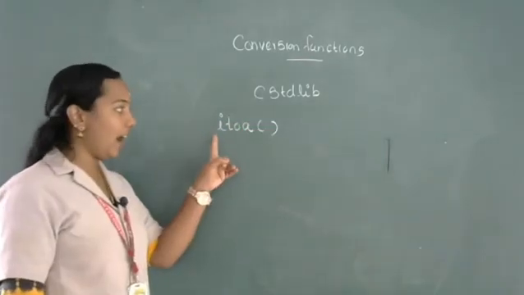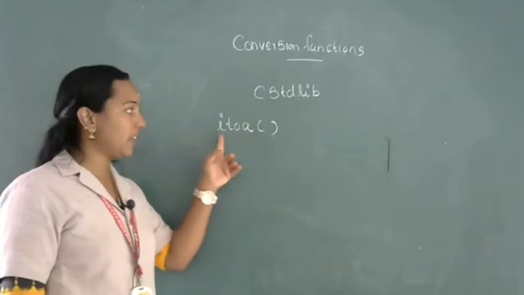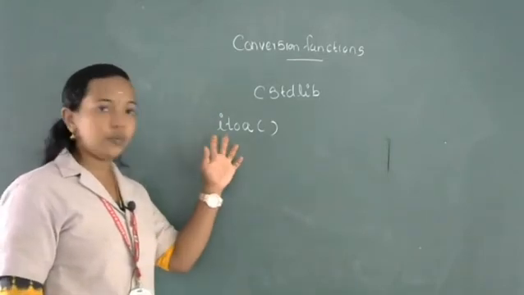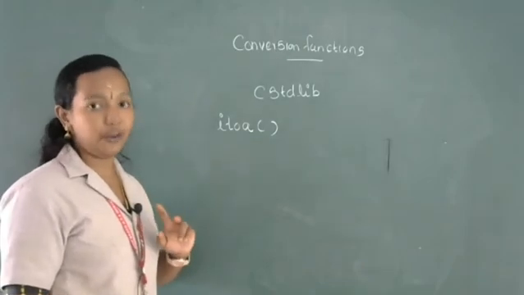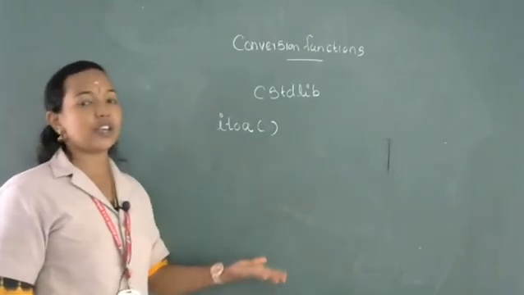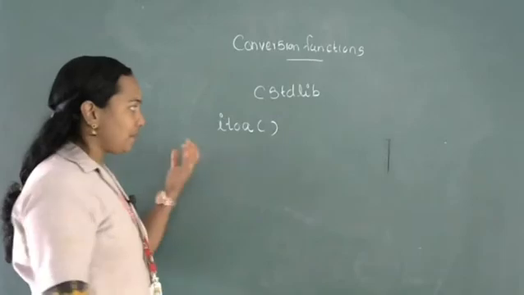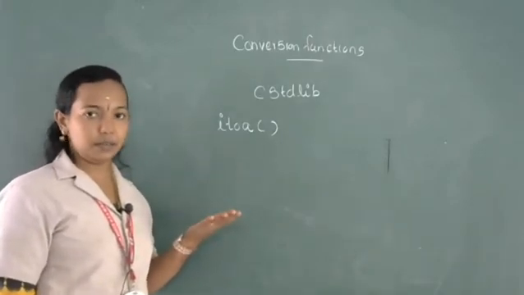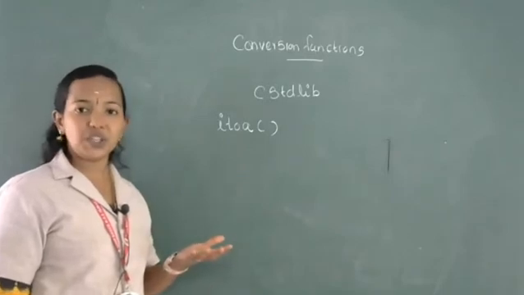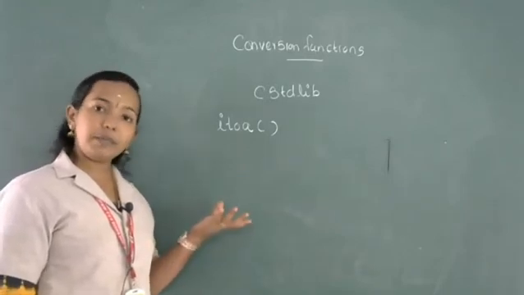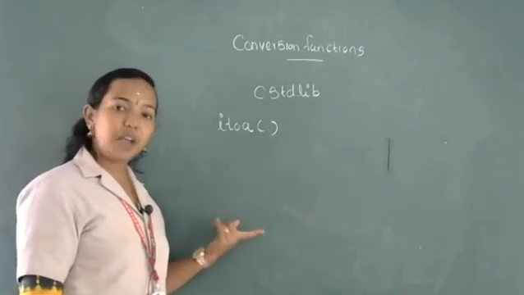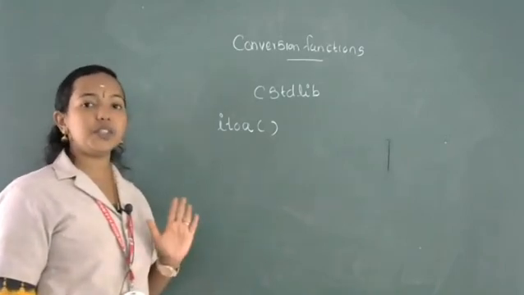What is it? itoa means integer to alphabet. We are converting an integer to a string. For representing an integer we always use integer variables, but for converting it into alphabet, definitely you need to use a character array.